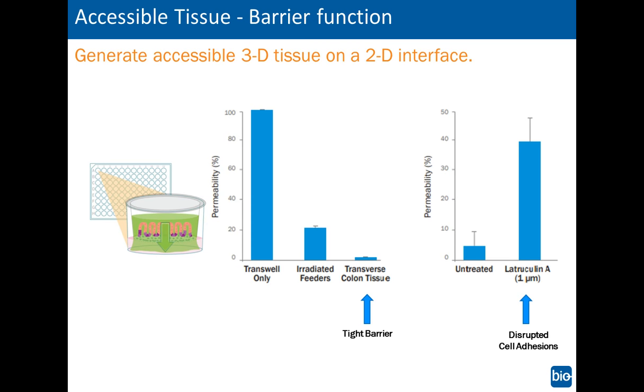And you can see that with transverse colon tissue, there is a very nice tight barrier, in which over 24 hours about 1% of the dye passes through. And you can then study what affects this tight barrier. In this case, as proof of principle, we used a strong actin depolymerizing drug, latrunculin A, to disrupt the tight junctions and cell adhesions, and this increased the permeability. And so in this 96-well format, you can screen different conditions and look for the effects on barrier function.